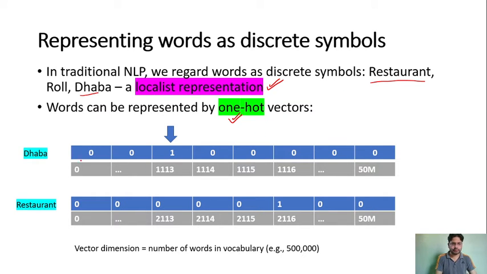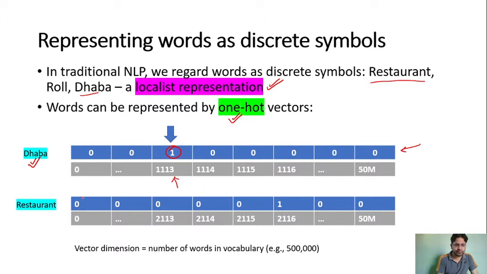For example, if you want to represent dhaba, suppose the position of dhaba in the vocab is 113. Then this 113th position will be high, and the remaining will all be 0 in this entire vector. So the size of this vector will be 50 million.